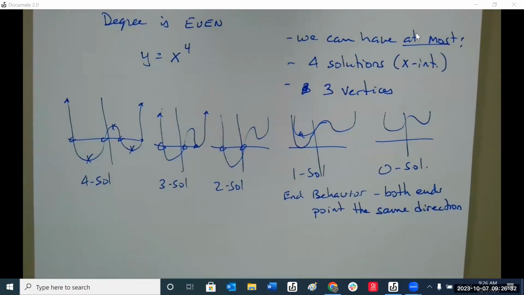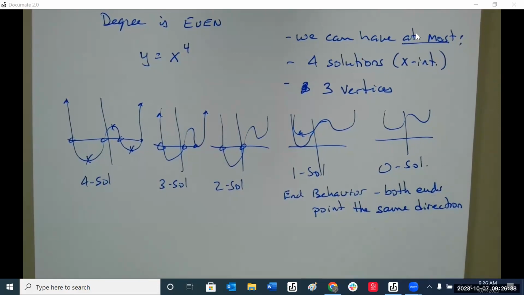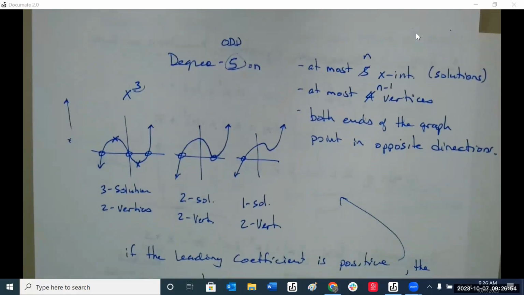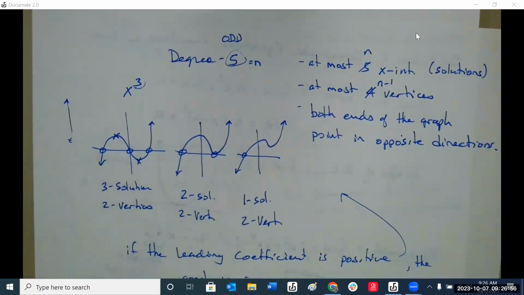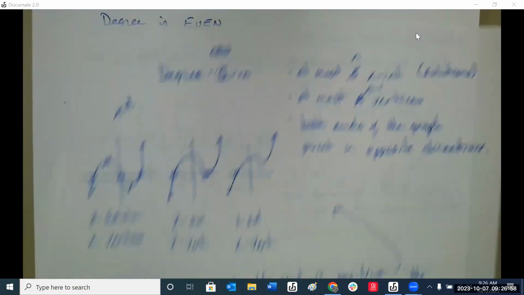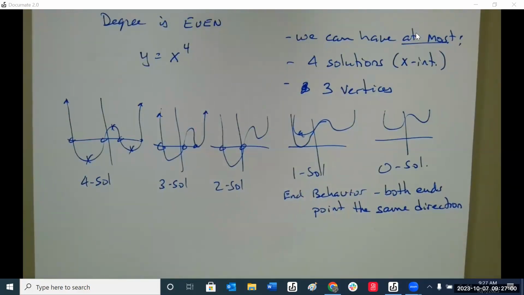So even degrees can have at most n, but it can have 0 because both ends point the same direction. Odd degrees have to have at least 1 solution because they point opposite directions. It's going to cross the x-axis eventually.